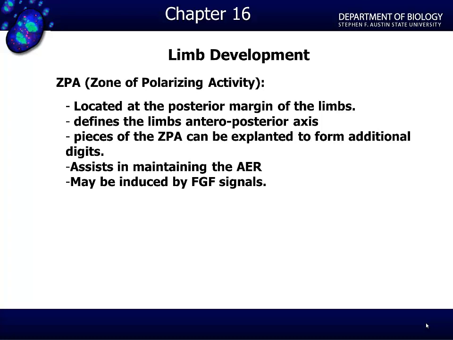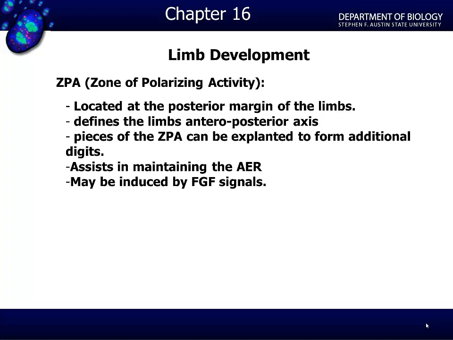And we really have gained a lot of information from this because before the signals were even known about what's being produced there, scientists were able to dissect pieces of ZPA regions and explant them into additional places. So you basically would have ectopic ZPA activity in places that it normally didn't occur. And what we see is when you do that, you have malformations with the digits.